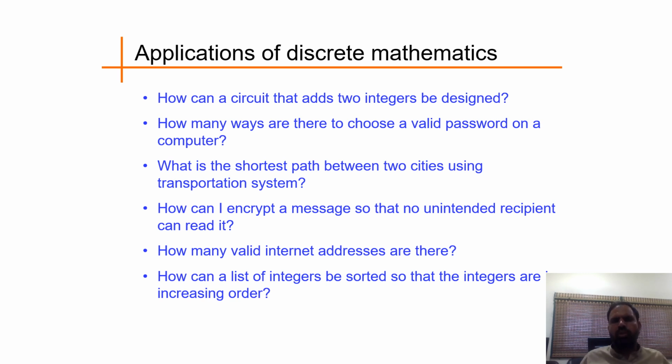Shortest path between two cities using a transportation system? How can I encrypt a message so that an unintended recipient cannot read it? How many valid internet addresses are there? How can a list of integers be sorted so that the integers are in increasing order? There are a lot of applications.